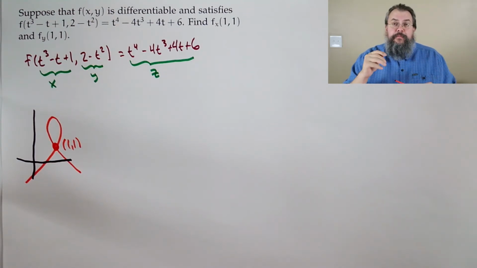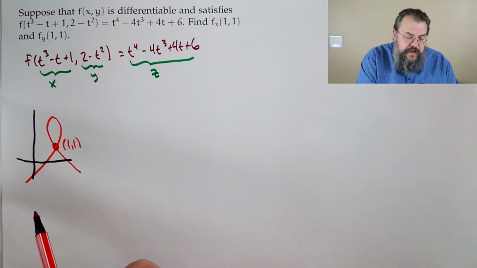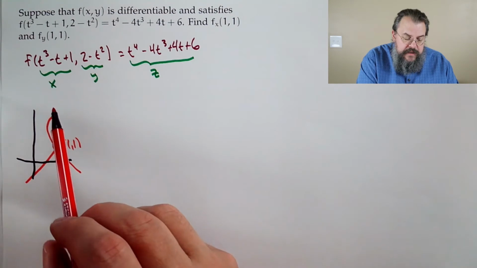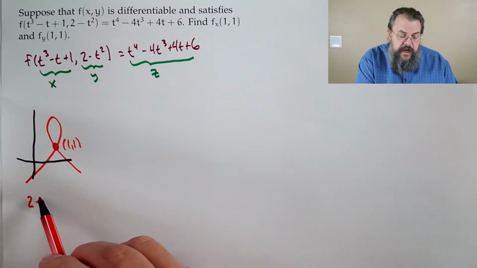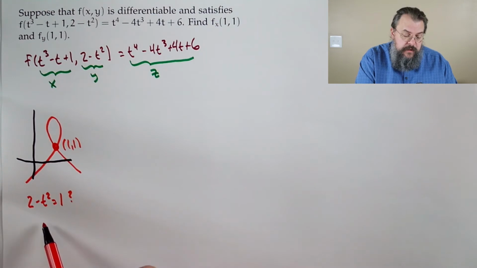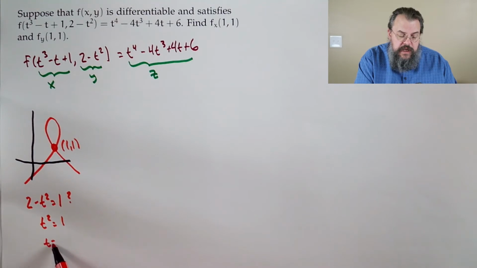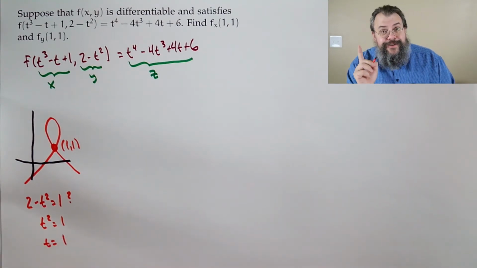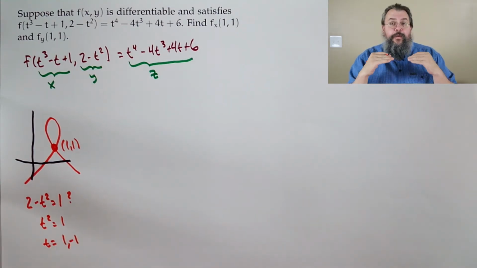Don't worry about the actual shape, but let's see about the claim that it passes through the point 1, 1 two times. Suppose we're trying to find times t where I pass through the point 1, 1. Well, y has to be 1. So when does 2 minus t squared equal 1? That's the same as saying t squared has to be 1, which says t has to be 1 or negative 1. So that's when we'll definitely have the right y value.